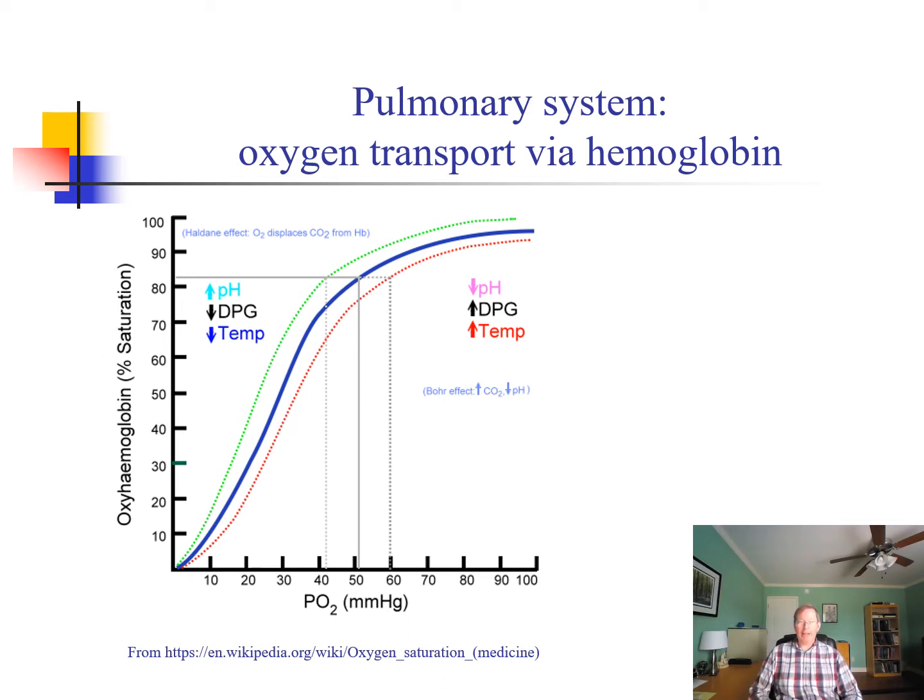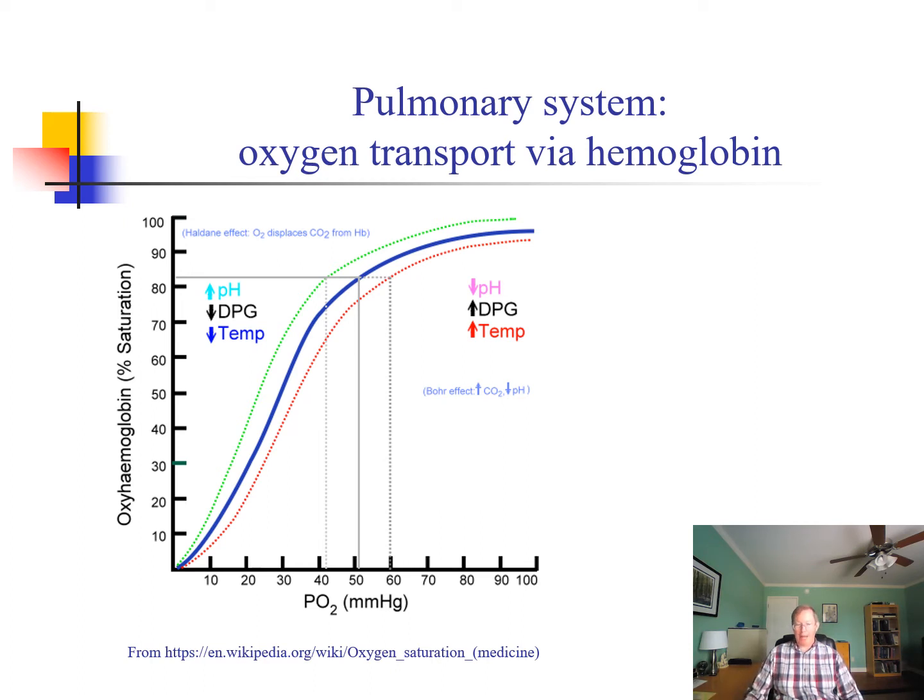So when I exercise, I actually want to be able to offload the oxygen to my muscles, so that they can carry out their metabolism and allow me to keep running or doing whatever I'm doing. That means that I need to shift my hemoglobin oxygen saturation curve to the right.